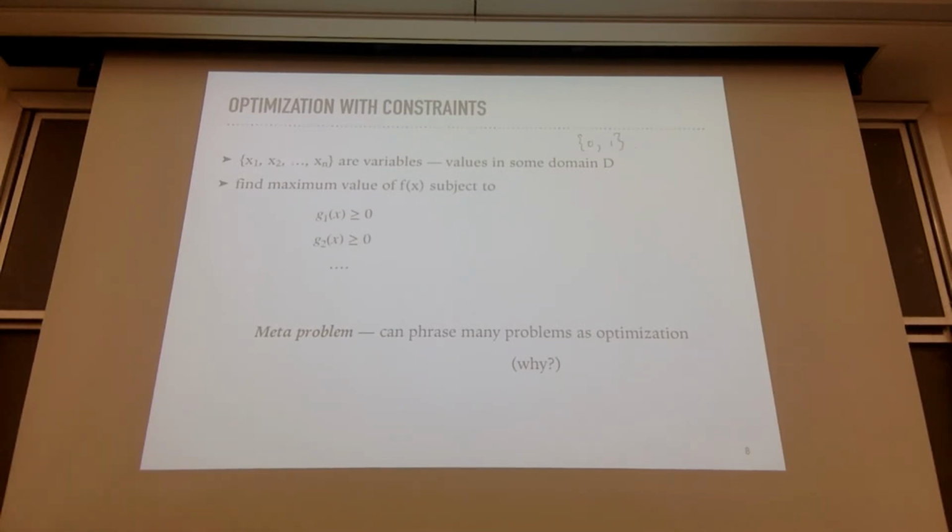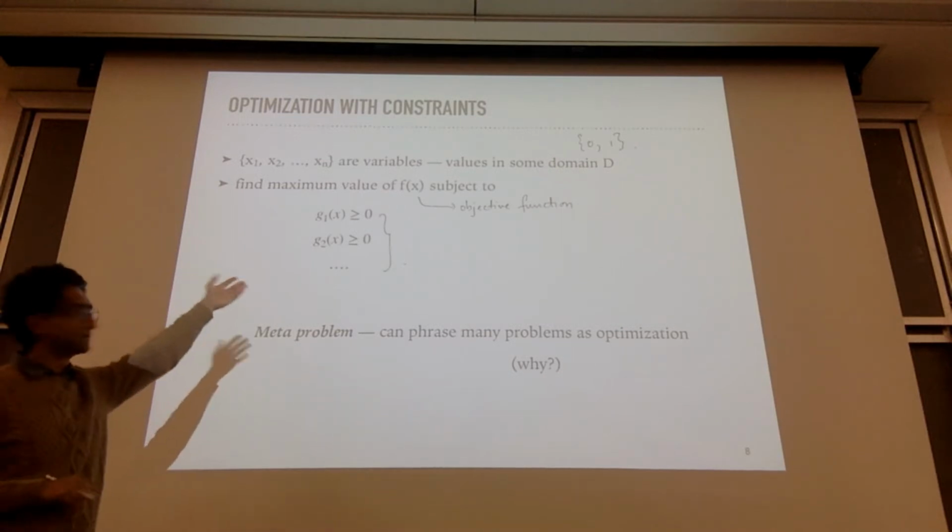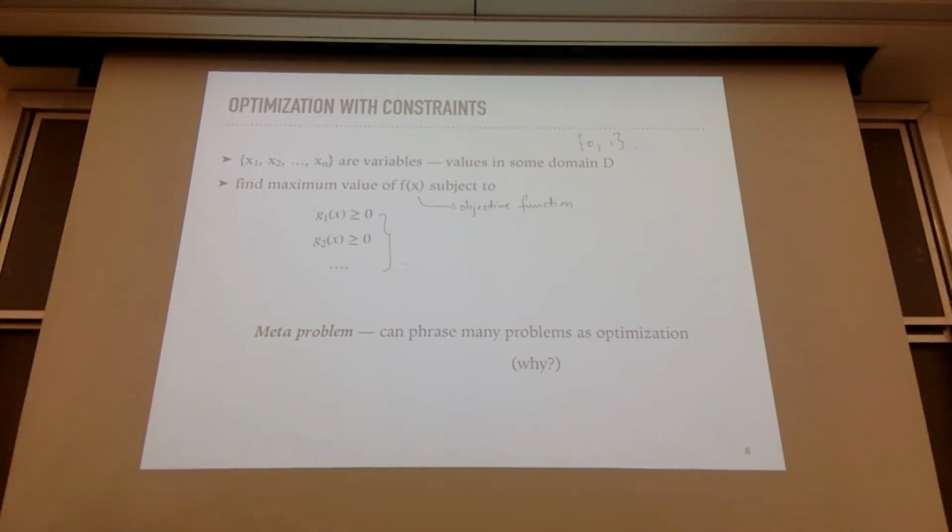And you have some objective function usually, which we denote by f of x. This is called the objective function. And you often have constraints as well. I'm just writing them as, so these need not be polynomials or something, and sometimes like b equal to 0, less than 0. But you have some constraints of this kind.